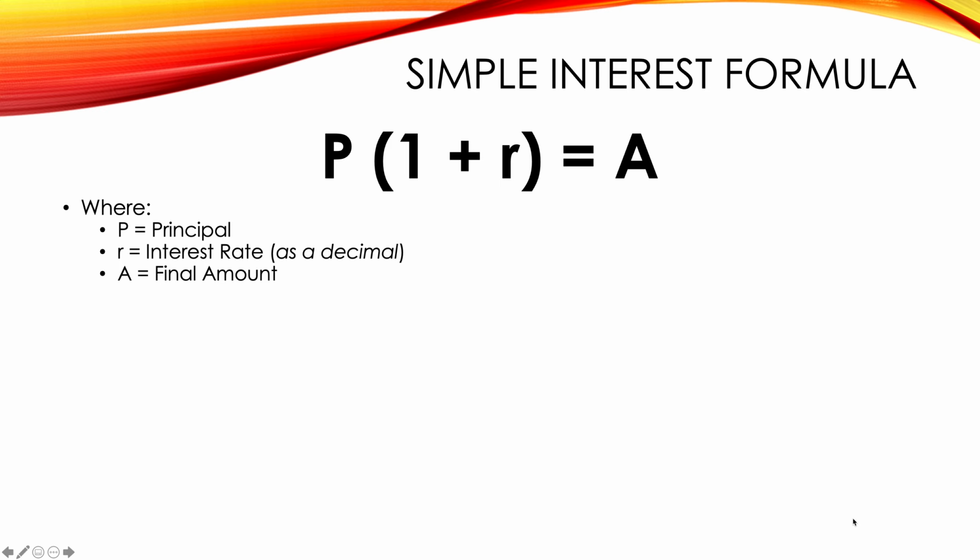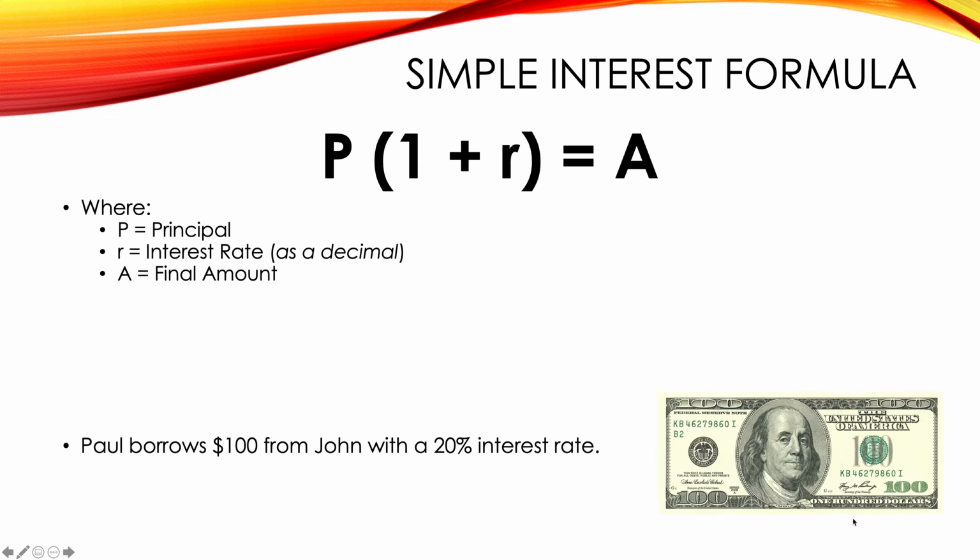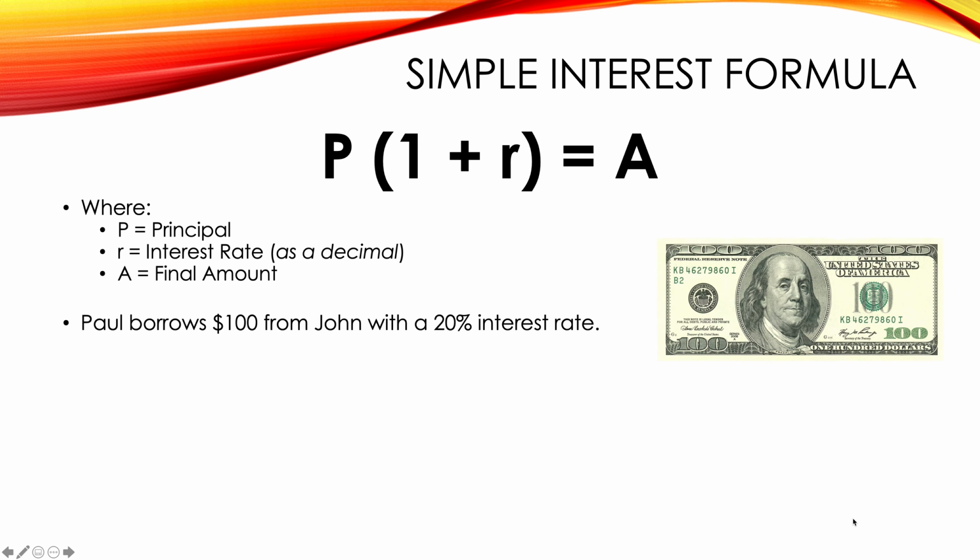Now, order of operations really matters here quite a bit, so make sure you have your parentheses, because whatever is inside of the parentheses is what you need to do first, or you can also use the distributive property as well. So let's put our example into this too. So Paul borrows $100 from John with a 20% interest rate. Plugging everything in, oh yeah, there's the principal.